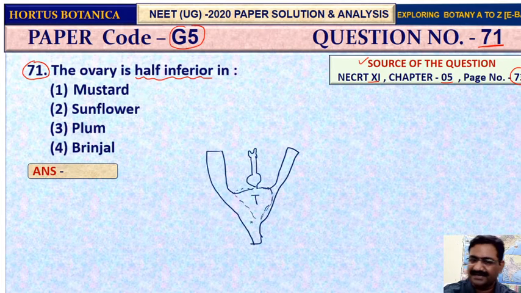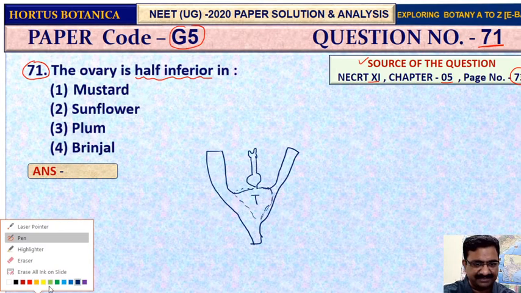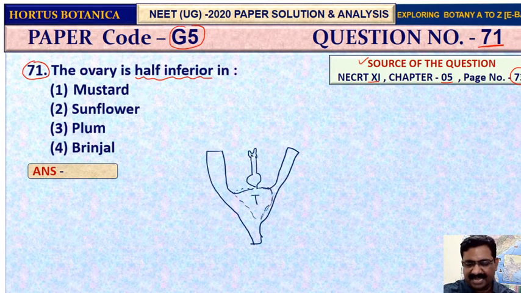So what are you finding? Here it is almost in the same plane, isn't it? This is the gynoecium, here it will be androecium, here corolla, here calyx. So here this gynoecium is a little low, while androecium and other parts are a little high.